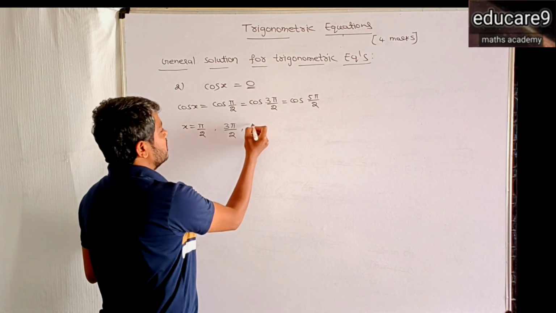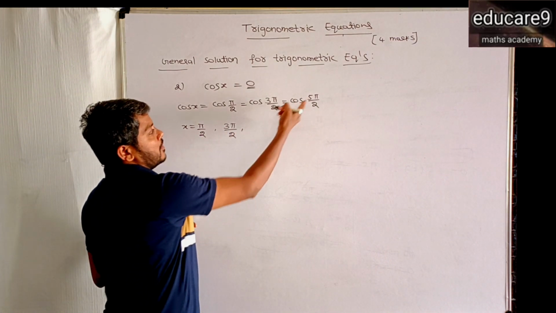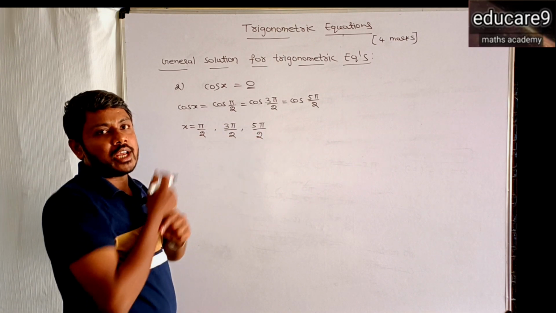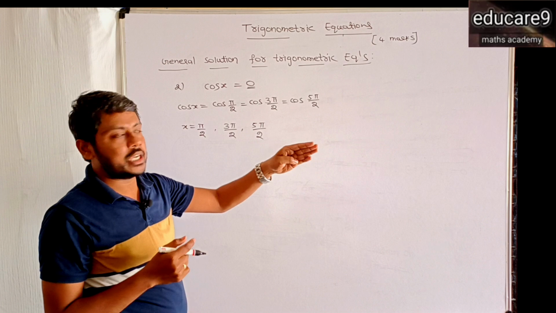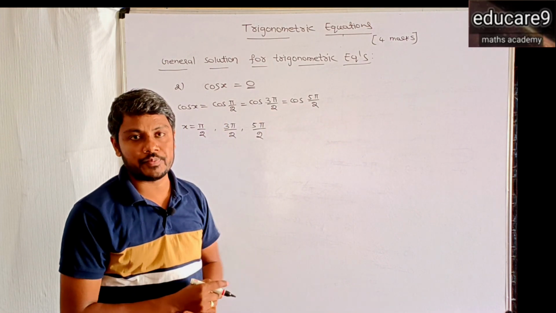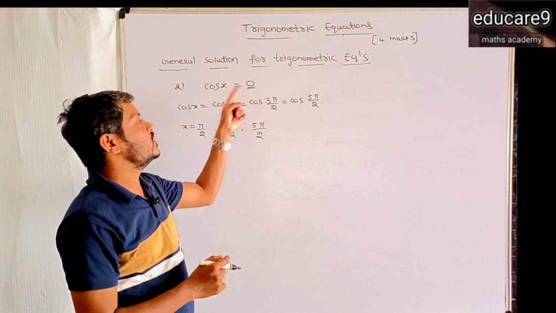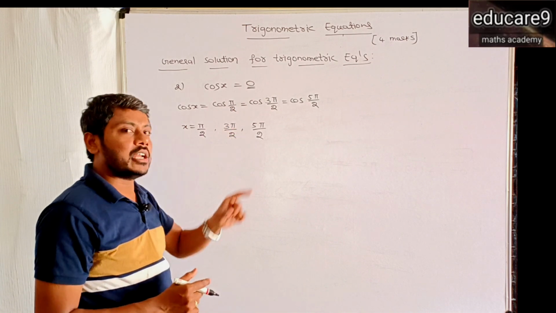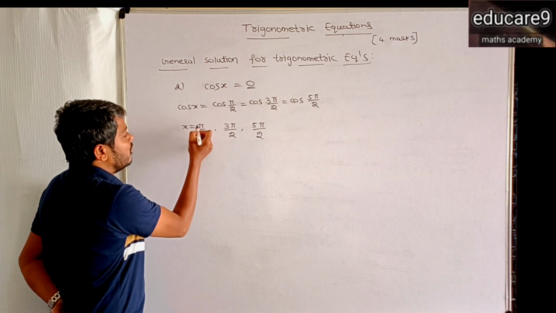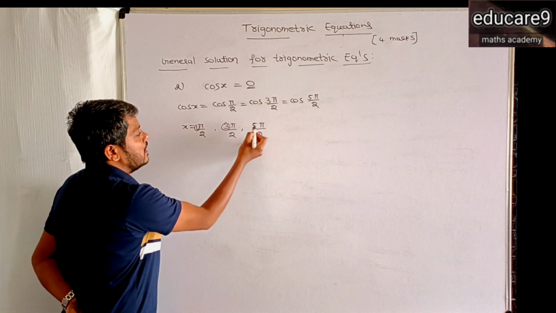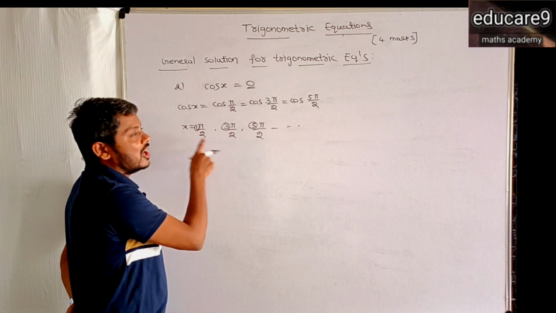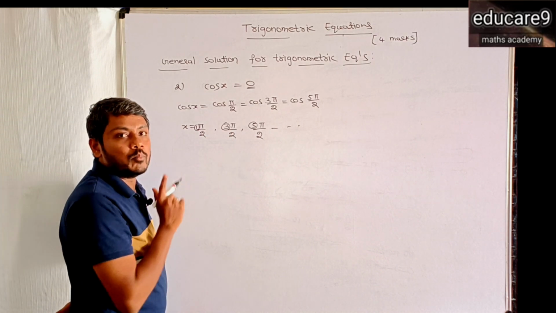So the x values are pi by 2, 3 pi by 2, next 5 pi by 2. Similarly for negative values also: cos of minus pi by 2, cos of minus 3 pi by 2 and cos of minus 5 pi by 2. All those values are what? 0. So from this we can conclude that, see here, the coefficients of pi by 2 are 1, 3, 5, which are what? Odd values or odd numbers.